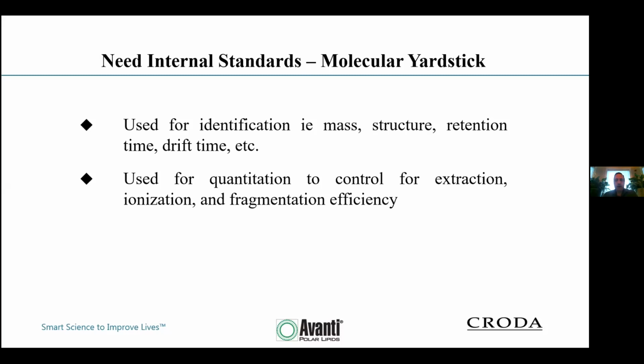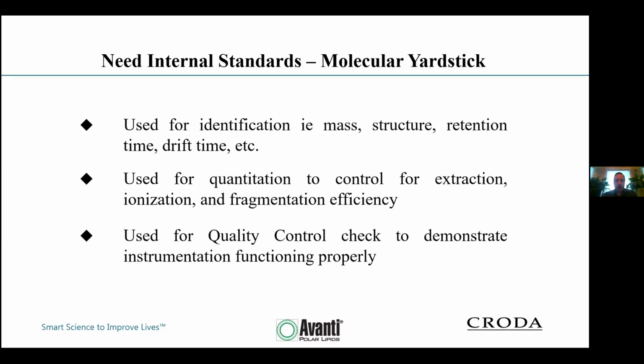Okay, and we use these internal standards for quantitation, as Gerhard mentioned earlier, to control for extraction efficiencies, whether or not everything goes into a particular organic phase. We use them to control for ionization efficiency, as he also alluded to earlier. So we want those internal standards to be in the same droplet as our analyte of interest, and also for fragmentation efficiency, so the number of double bonds that are in the lipid chain.